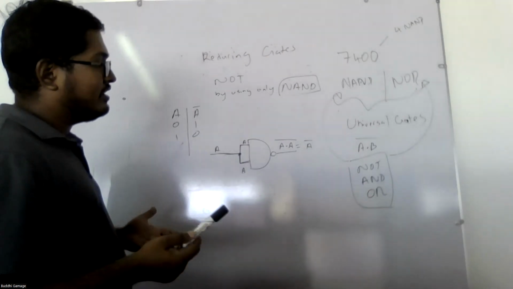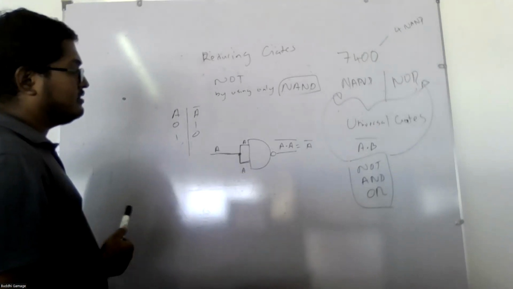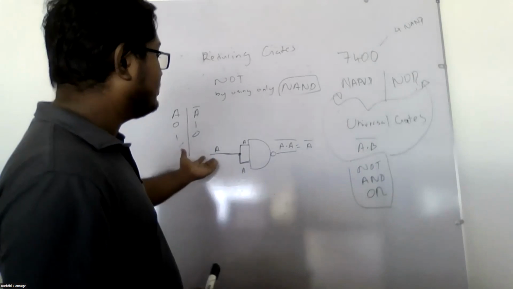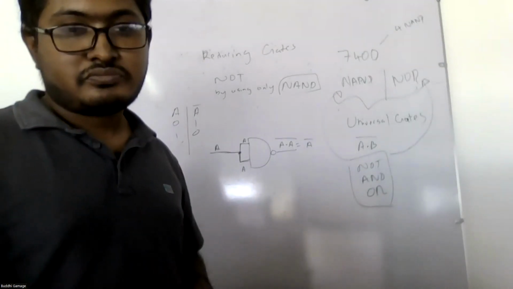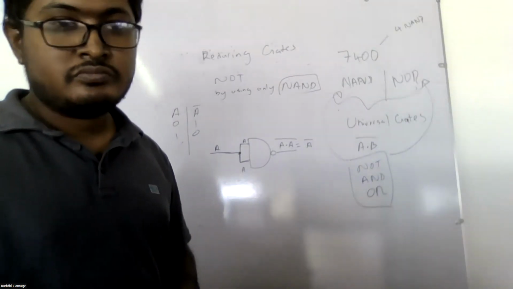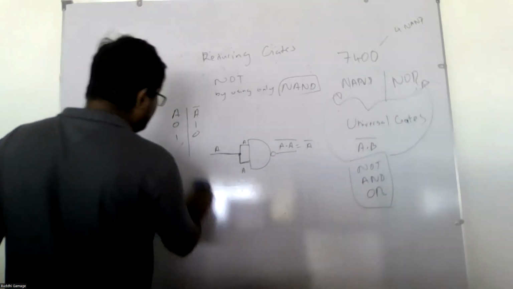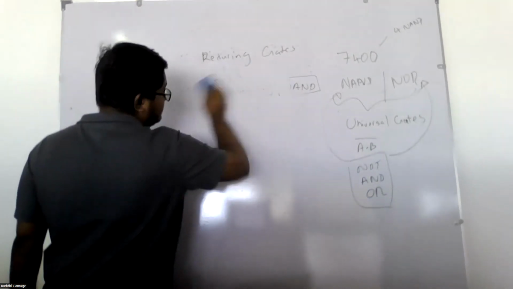We don't need any AND gate, OR gate, or NOT gate. We can design a circuit using only NAND gates, so the fabrication will be very simple. You use only this type of gate. So it's considered about functional completeness.